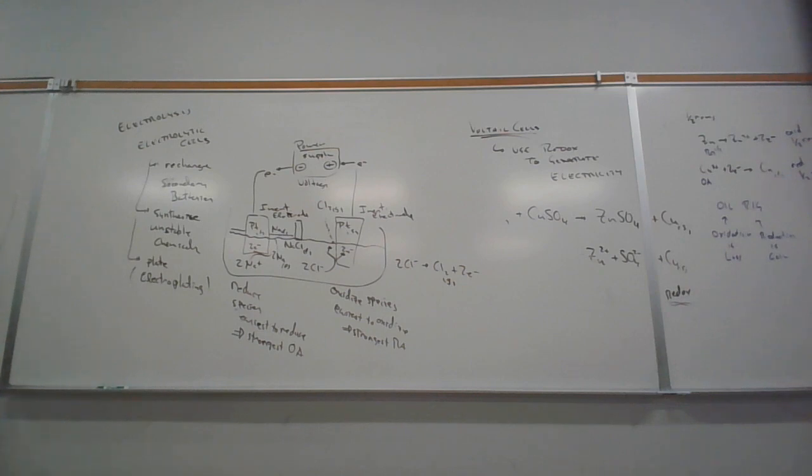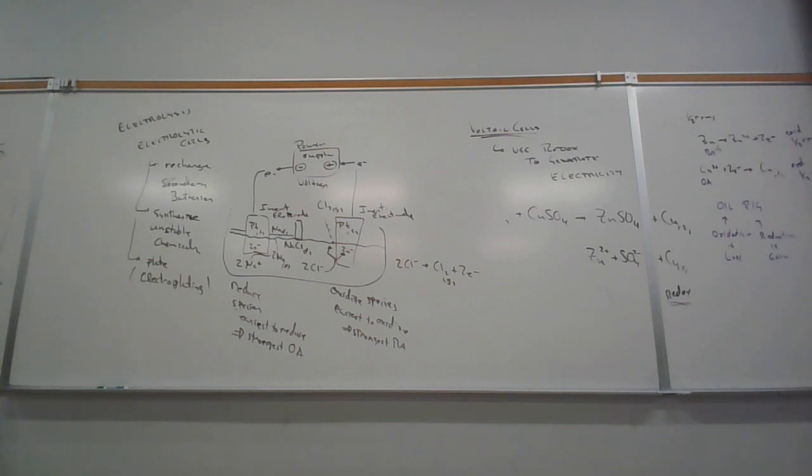When we oxidize water, remember oxidation occurs over here, so electrons are going this way. When we oxidize water, we're going to take electrons off oxygen. In water, hydrogen's +1, oxygen's -2. And so when we oxidize water, we generate oxygen gas over here.